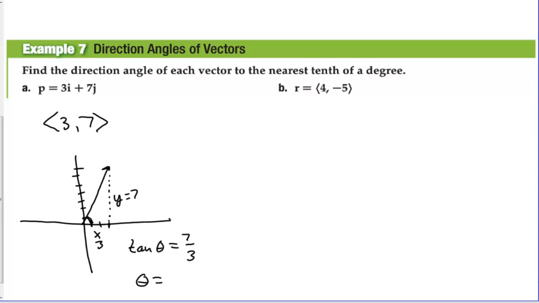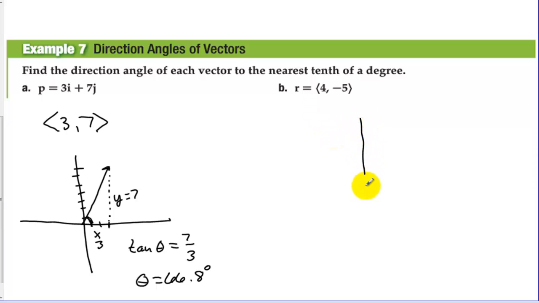So let's clear that. We need inverse tangent of 7 divided by 3, and I'm going to make sure that this is in degree mode. It's in radians. Let's switch it over to degrees. And the answer is 66.801. 66.8 because it says to the nearest tenth of a degree.